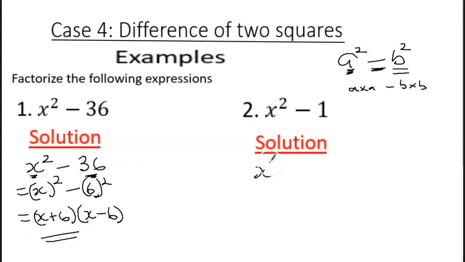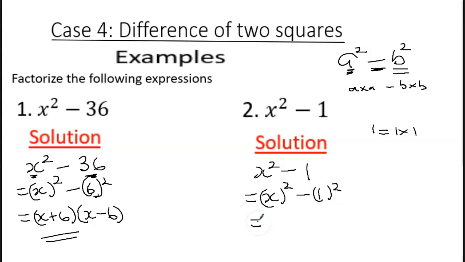The next question, x squared minus 1. So first let's check if they are perfect squares. x squared is a perfect square. 1 is a perfect square. Now if we are able to establish that, then we can rewrite it as x all squared minus 1 all squared.